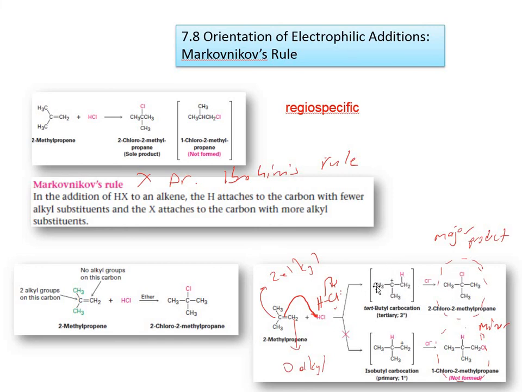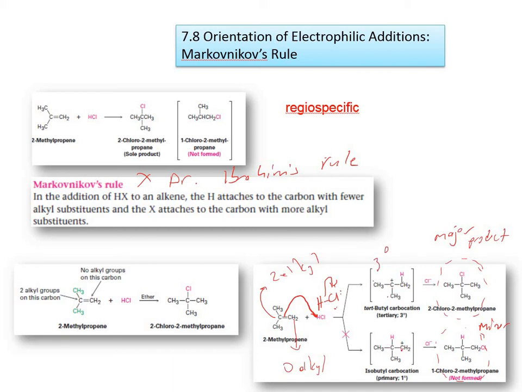The carbocation here is an intermediate. It's a tertiary carbocation. Why is it a tertiary carbocation? Because the positively charged carbon has how many neighboring carbons? 1, 2 and 3. That's the reason this is a tertiary carbocation.